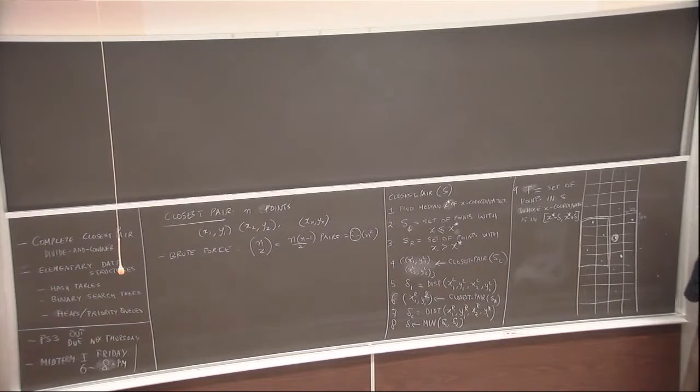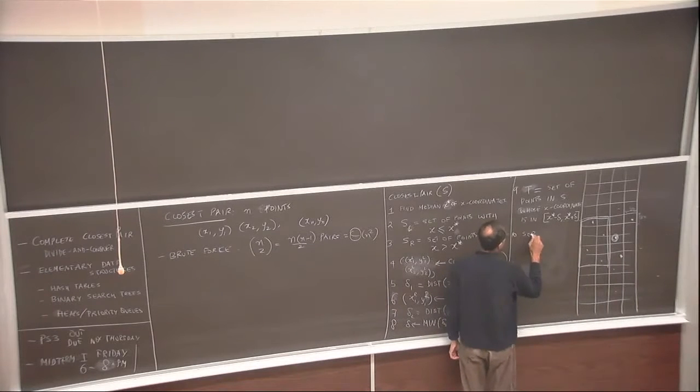Could you order all the points so that when you do this many times, you already have all the values? Very good. So one thing we could do is order all the points according to the y coordinate. That's a possibility. Let's do that.